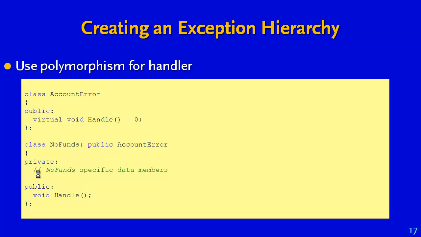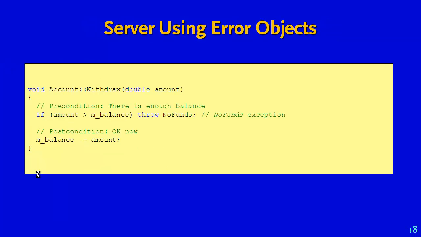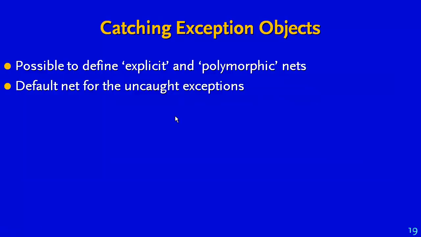Okay, we can create an exception hierarchy. I'm not exactly sure if I should handle it now, because you can read the slideshows and so on, but you can catch polymorphic exceptions. So here, for example, a derived class of an exception base class, no funds instead of a -1.